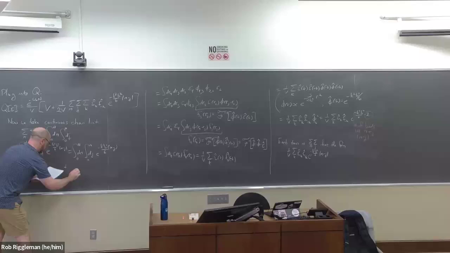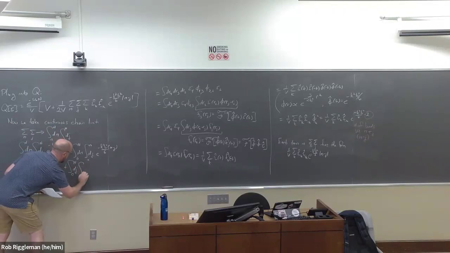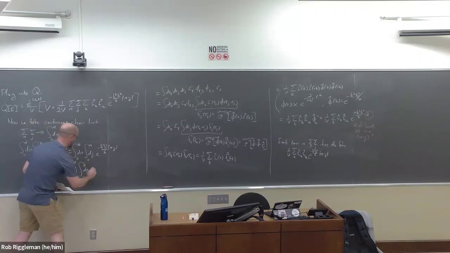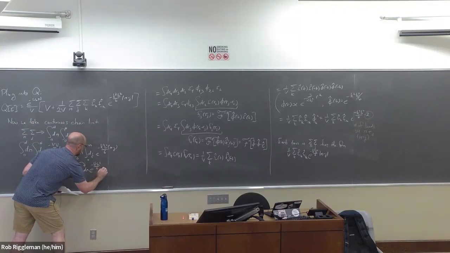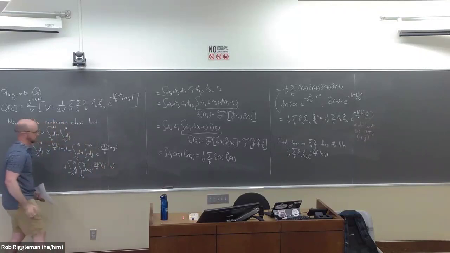And then to hit the other term, you can write this as dj, dm 0 to j, e to the minus k squared b squared over 6, j minus m.